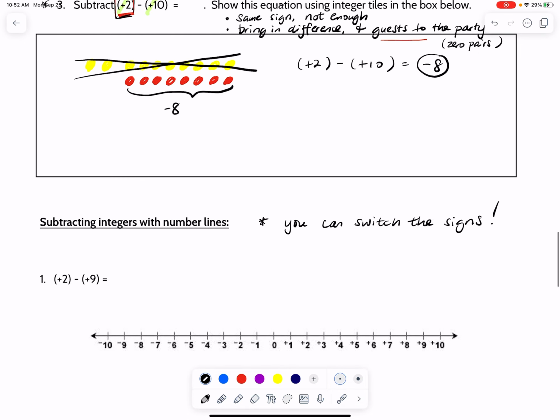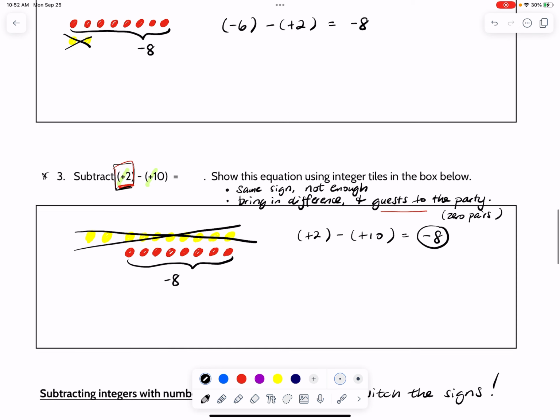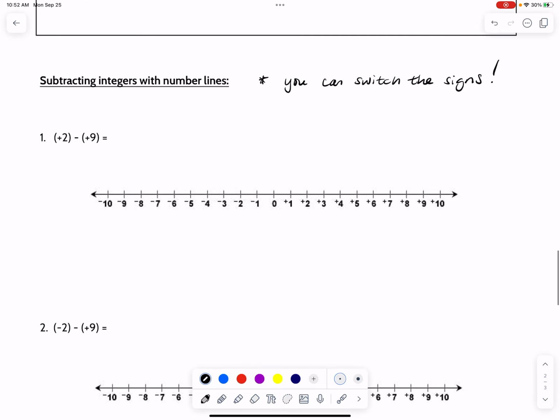Well, like I said, you should have watched the first video on subtracting with tiles, because what you'll see is that that step, especially when you're bringing in those zero pairs, it's to show that whatever you're doing to one side of the integer equation, you're doing to the other side, because you want to preserve the value of what you're subtracting from.